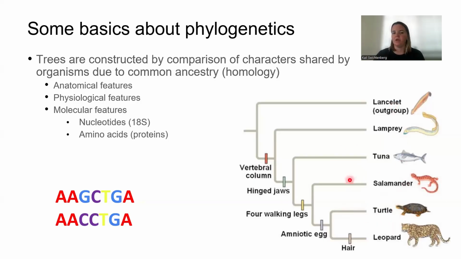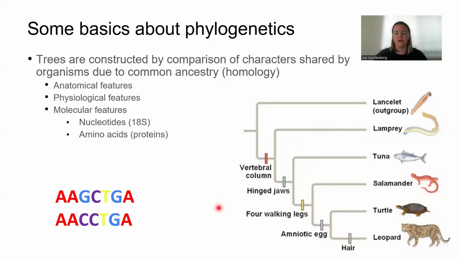And we can just keep going with that. If they have hinged jaws, then they are going to be included in a group, in a clade. And if you don't have a hinged jaw, but you still have a vertebral column, then you are going to be in your own lineage, such as our lampreys right here. And we can just keep doing this in order to build up our phylogeny.